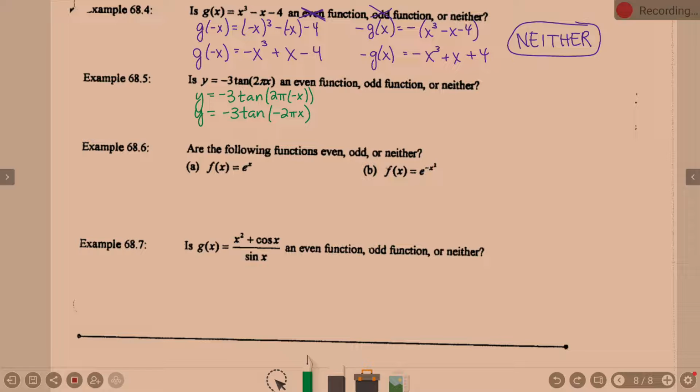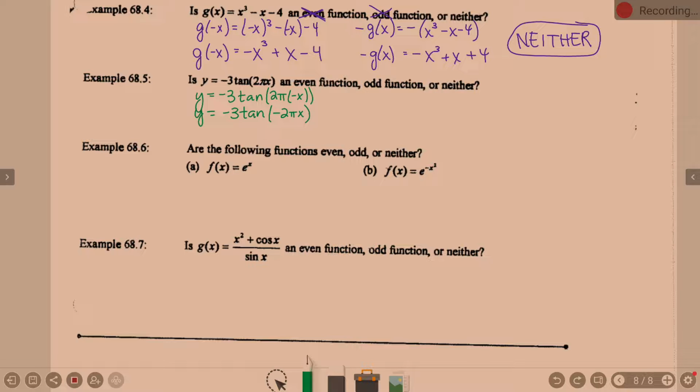I'm trying to think how I want to explain this. Sorry, I'm pausing for a moment trying to think how I want to explain this. I guess that is probably how I want to go.